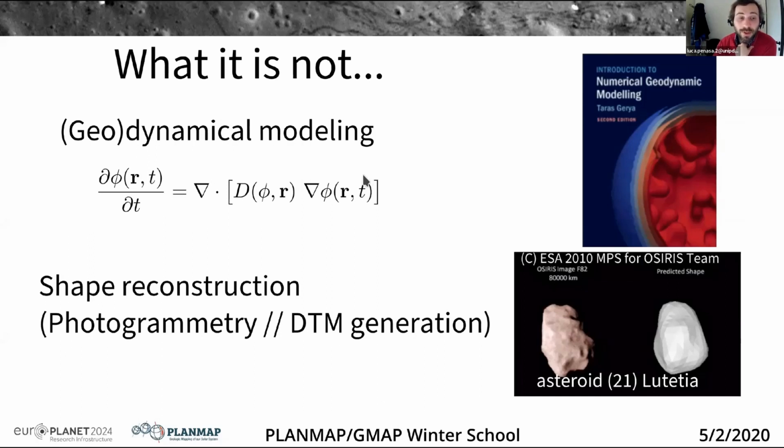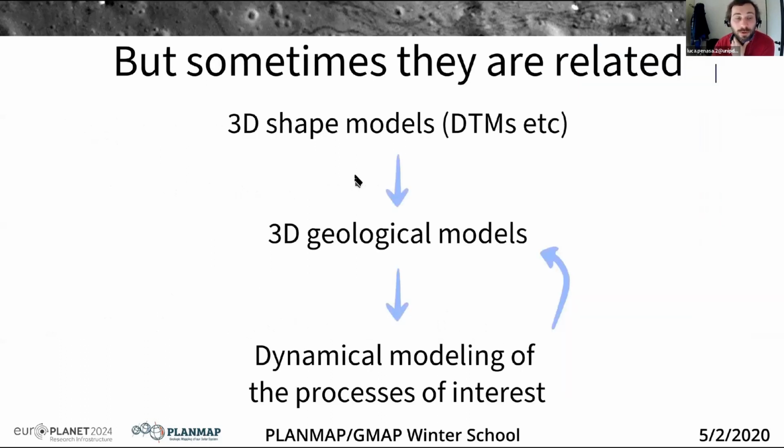And it is also not necessarily connected with the shape reconstructions we have seen before, like photogrammetry, shape from shading, or other techniques. But of course, they are connected and related, because we need 3D shape models to start our 3D geological models.